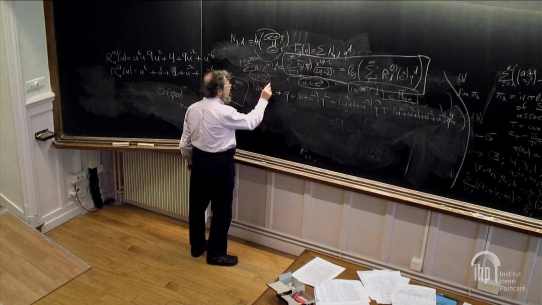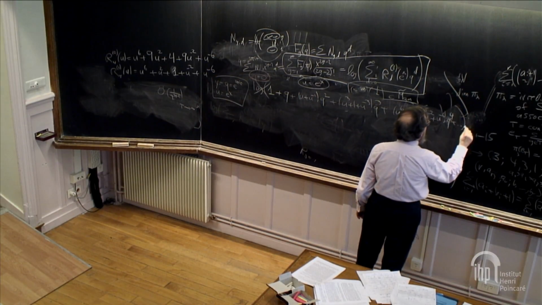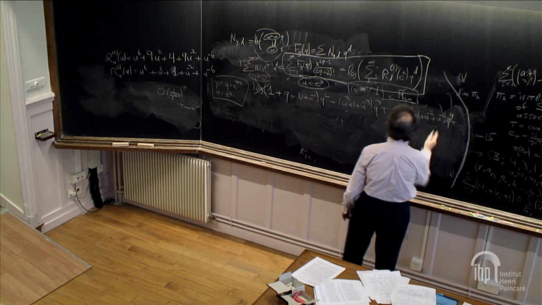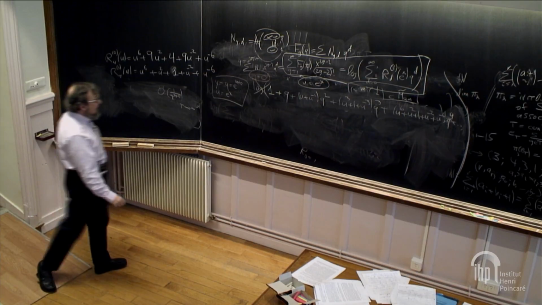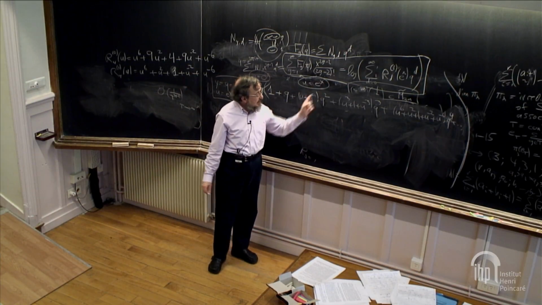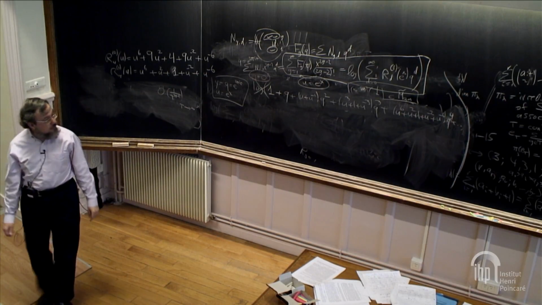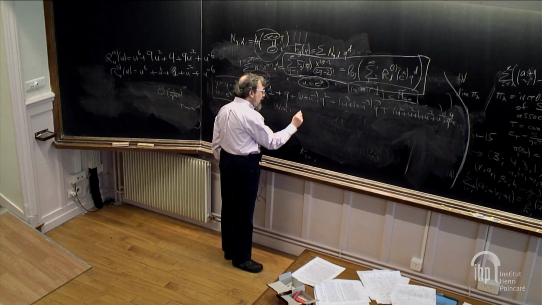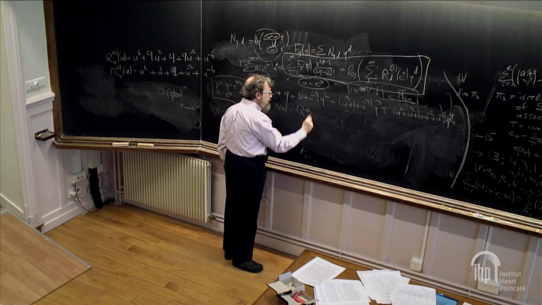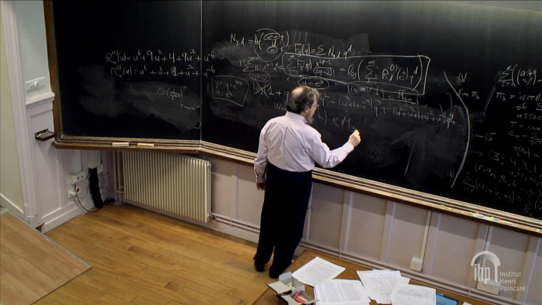And as I already said, we don't really care about the log, because I want to show that if I take this thing without the log, the coefficient of any given power of x, remember that u is e to the x, so this is an even power series in x. So the coefficient of x to the 2m, I want that the coefficient of any even power of x in this thing is a quasimodular form of weight, in fact, 6m.